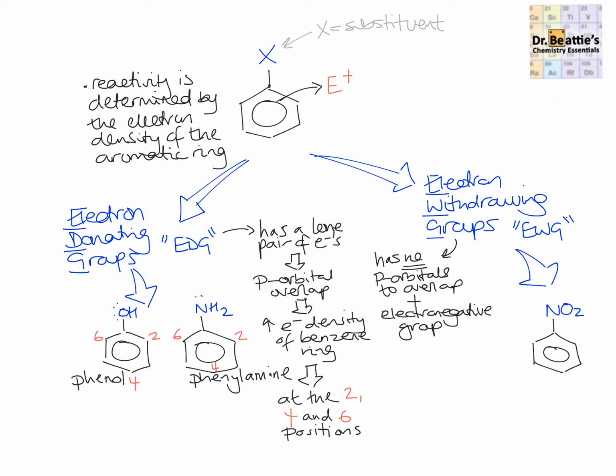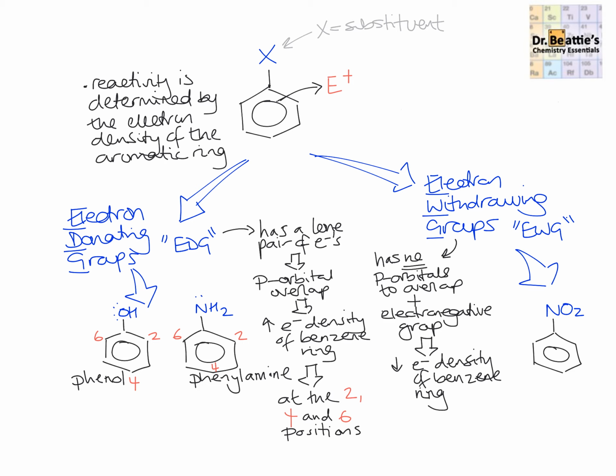And what the nitro group does is, because it's highly electronegative, it pulls on the electrons that were in this delocalized ring and brings them out of the ring onto the nitro group. So what happens is you get the opposite of over here. You get a decrease in electron density of the benzene ring.